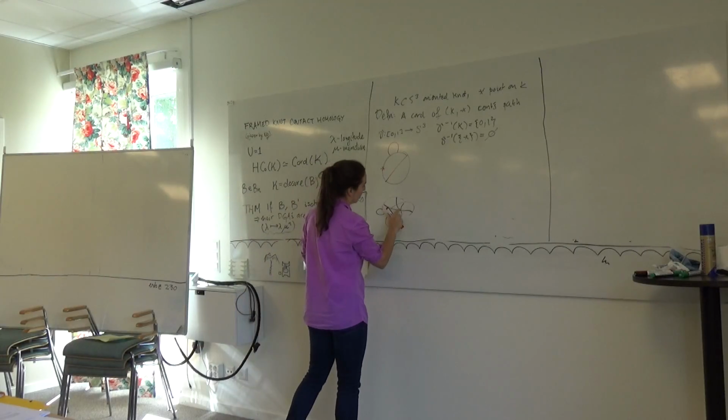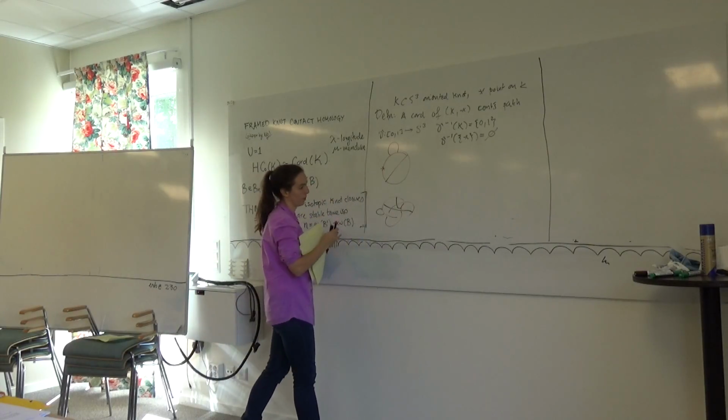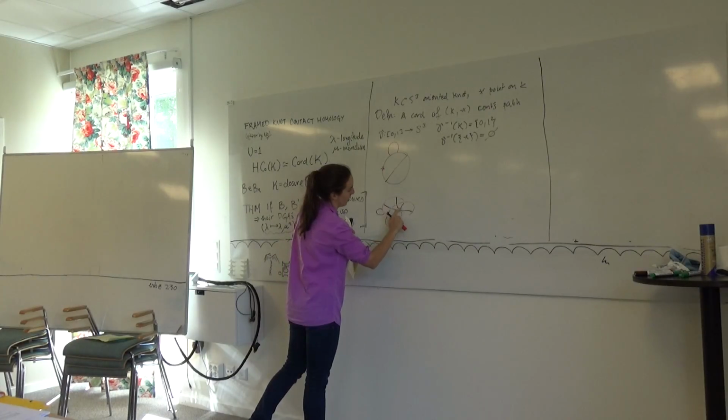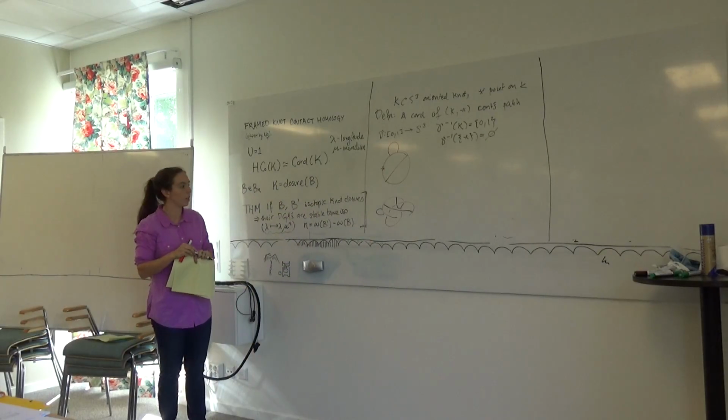That's not a very good picture. Just to be clear, those don't pass through the knot. They're passing over, but they end at the knot. So their endpoints are at the knot.